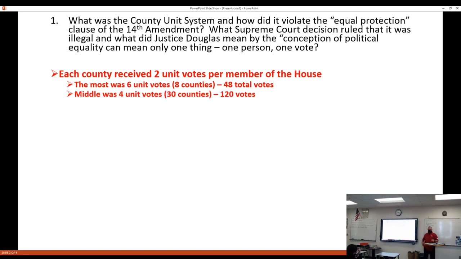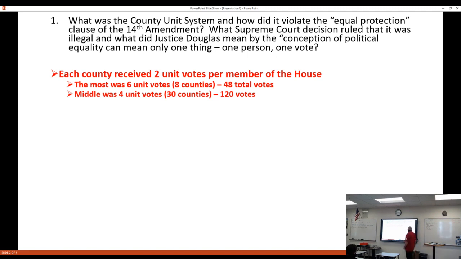And then we have what I'm calling the middle. And what is this based on? Population, right? All right. So the middle had 4 unit votes. That'd be 30 counties. That'd be how many unit votes? 120. Add those 2 together. What do you get? 168.